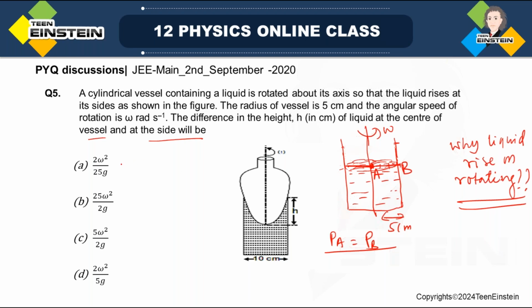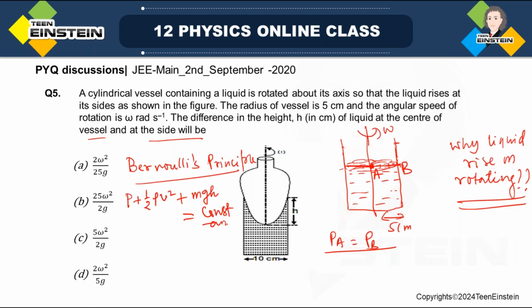According to Bernoulli's principle, the pressure energy per unit volume, plus the kinetic energy per unit volume, which is half rho v square, and the potential energy, all together will be constant.